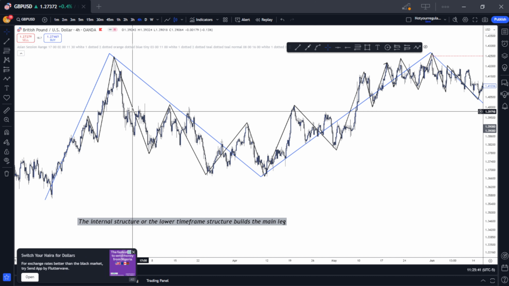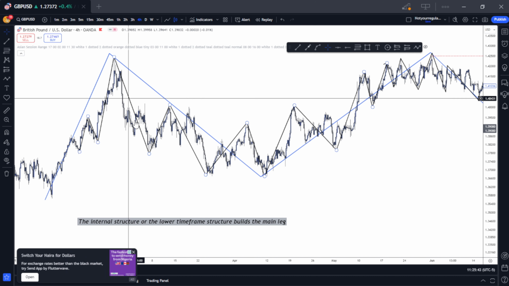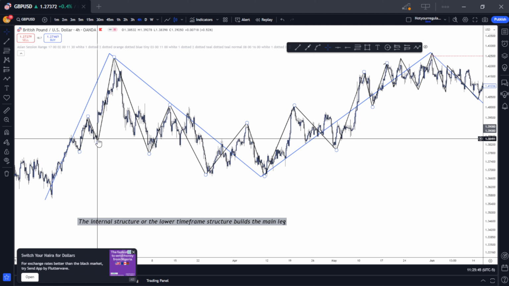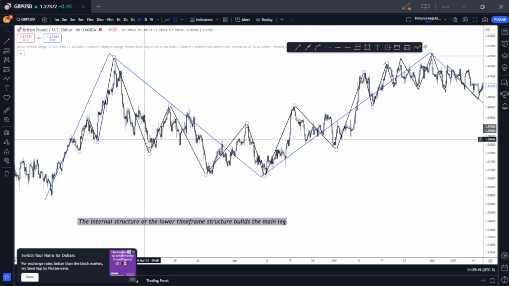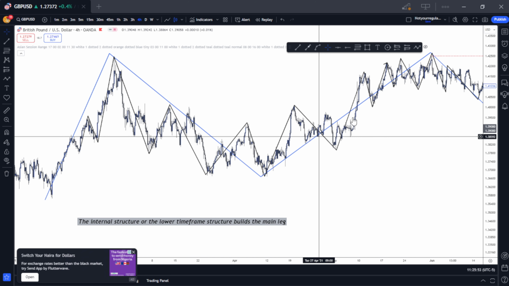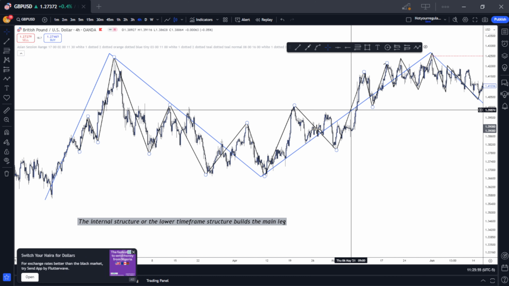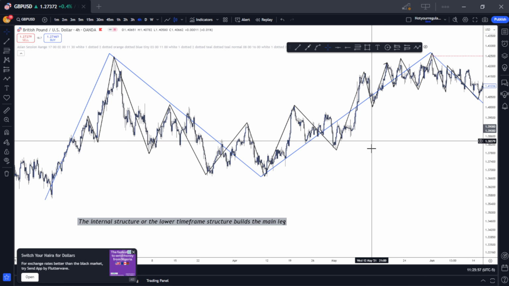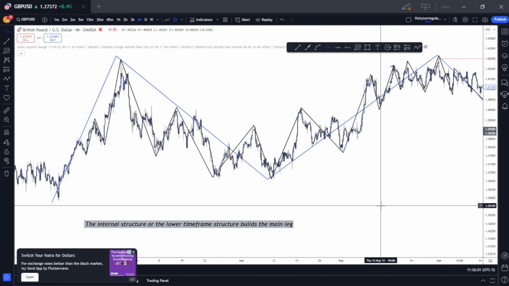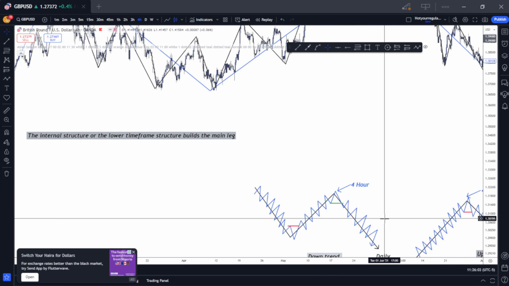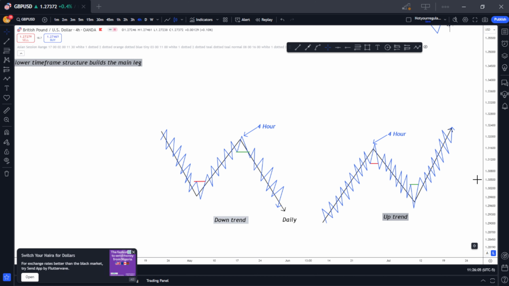That's our internal structure, and our internal structure is what forms the main structure, which is our main leg. Hope you understand. So a counter trend BOS, let me go here to explain that.